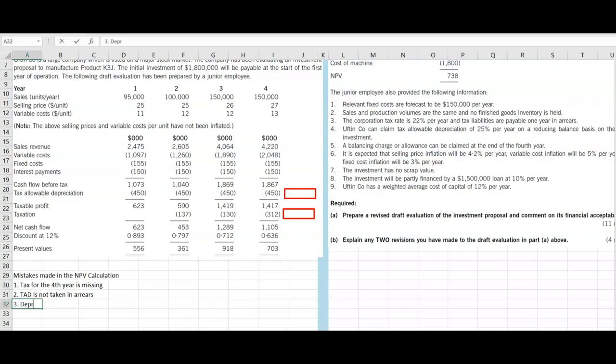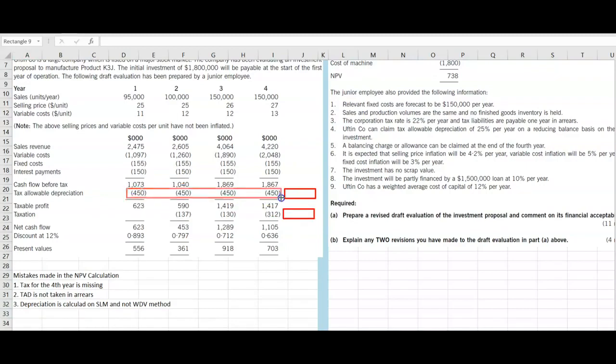So depreciation is calculated on the straight line method and not the written down value method. Okay, so that is not being done. So if you want, you can mark that also. So these numbers are wrong.